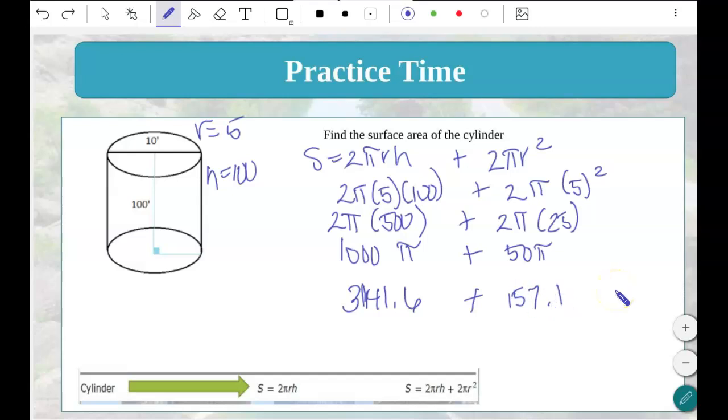So use your calculator, 3,141.6 plus 157.1 is equal to 3,298.7. That is the total surface area. And so we already know that this part here is the lateral, so this is the lateral.